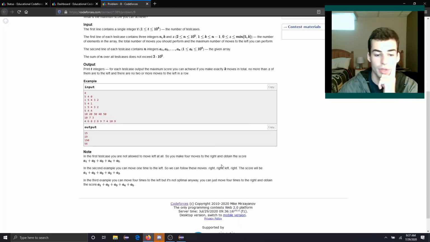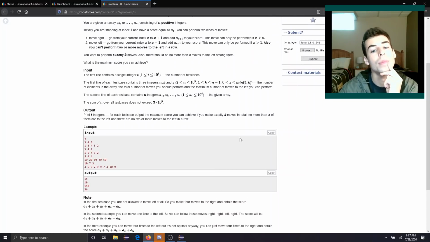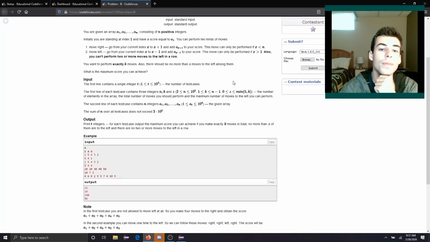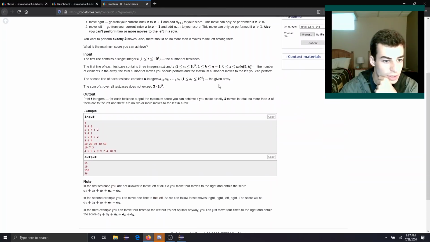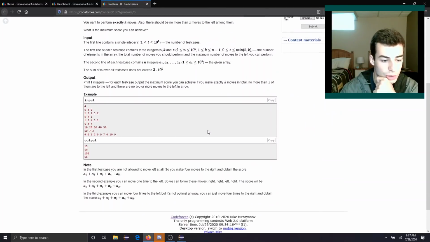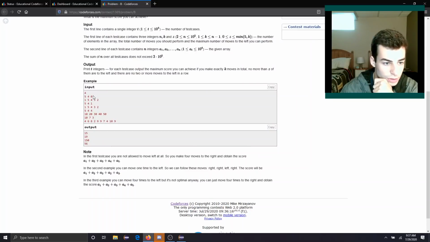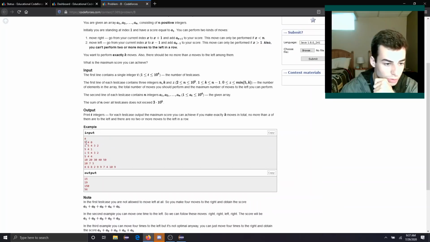So you could do this with a dp. It's not circular because there's this limit on z. It's a bit tedious though. For problem B, usually there's a more straightforward answer. So here you want to perform exactly k moves.